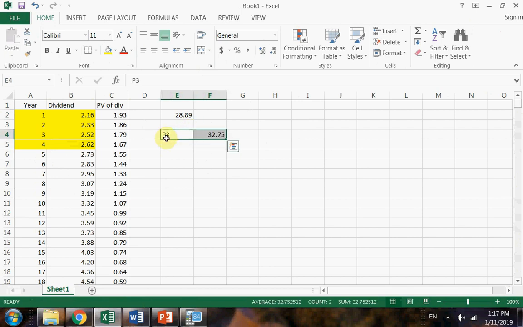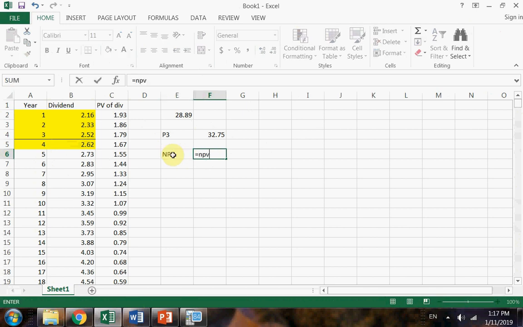And then you are going to use the NPV function. Basically that gives your stock price. So you start with the NPV, and then you put a 12% rate at the beginning, and then you select your cash flows. You have dividend 1 as cash flow 1, dividend 2 as cash flow 2, and dividend 3 as cash flow 3.